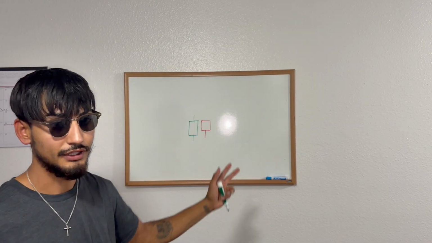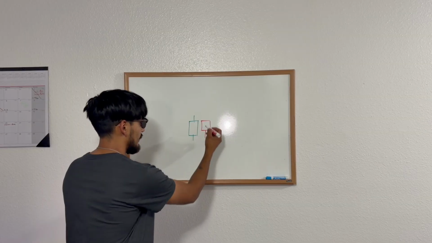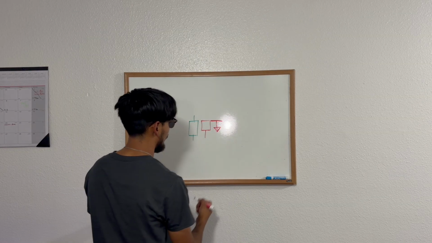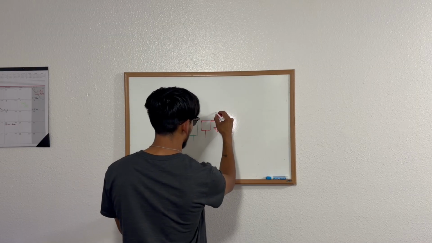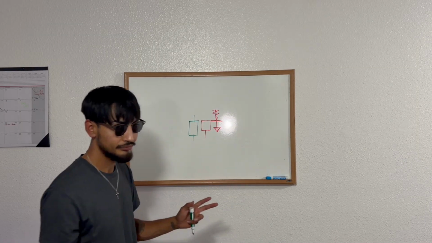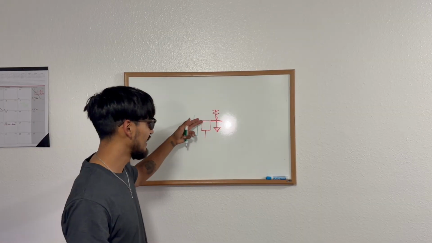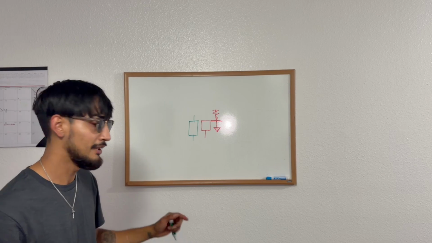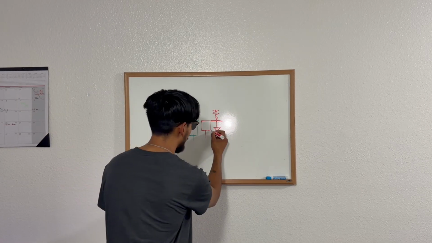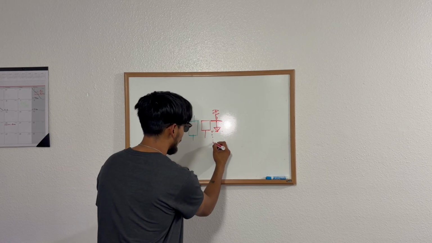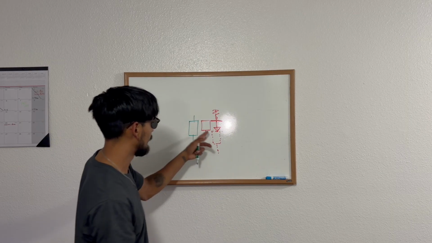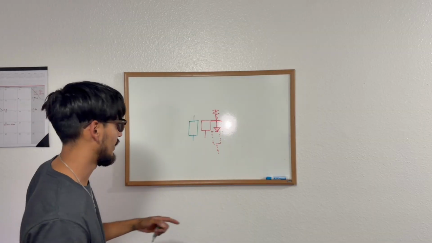What this represents is that when this candle opened, it just went straight down. It didn't even go up. So that means that there's a lot of selling pressure on this candle. That means that there's now a higher probability for the next candle to potentially form and go down, right?